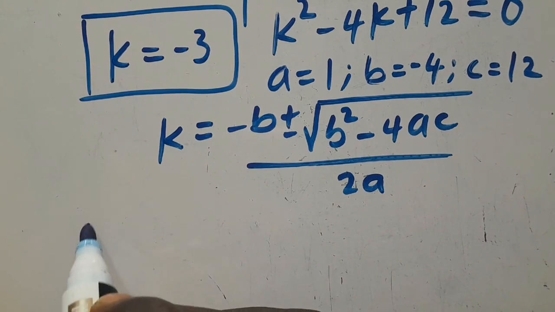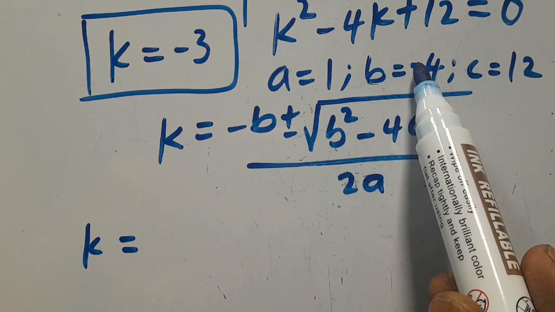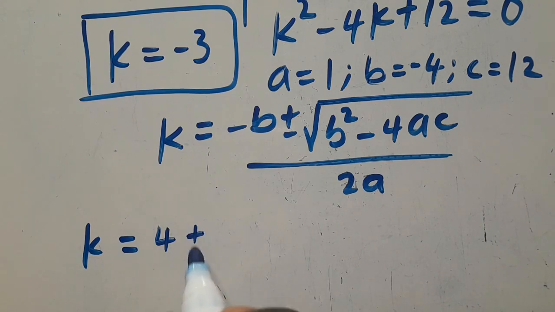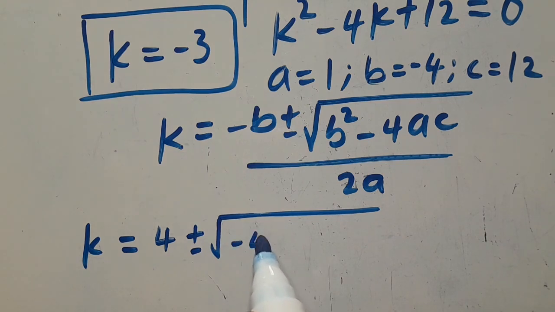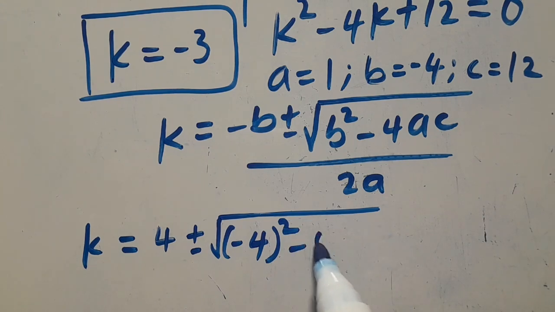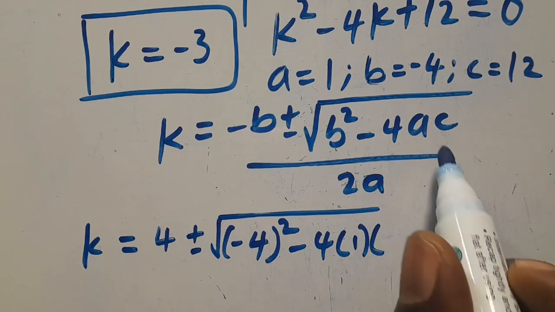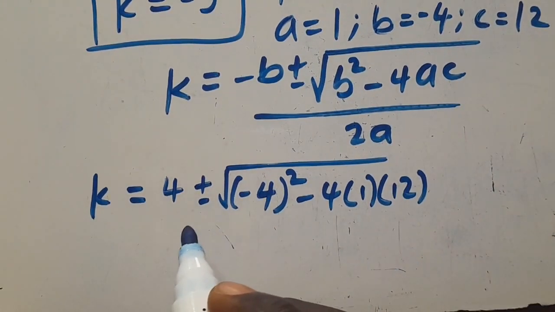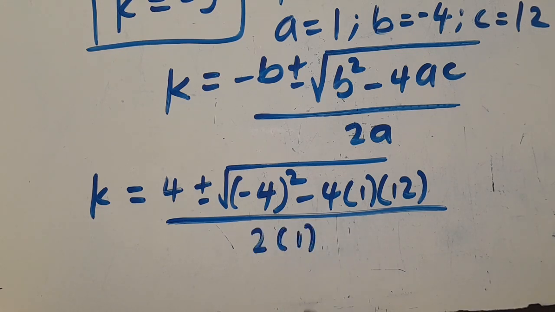So therefore from here we have k equal to, b is already minus 4, and we have minus here, which will be 4, positive or negative, square root of minus 4, all in parentheses to the power of 2, minus 4 into the value of a, which is 1, while the value of c is 12. Then divided by 2 multiplied by 1.